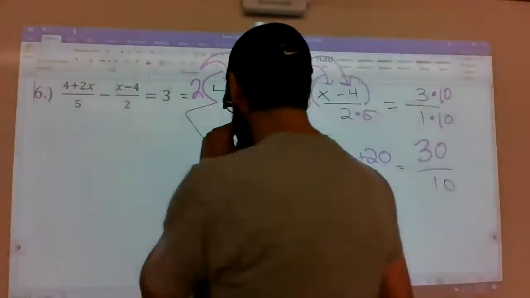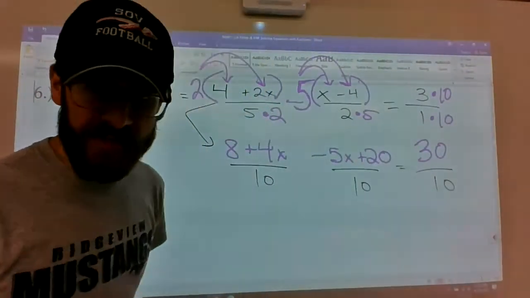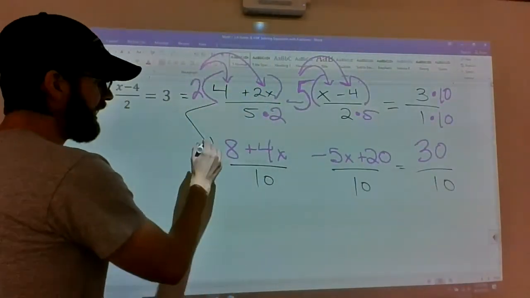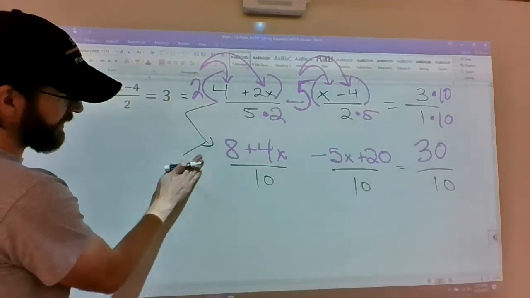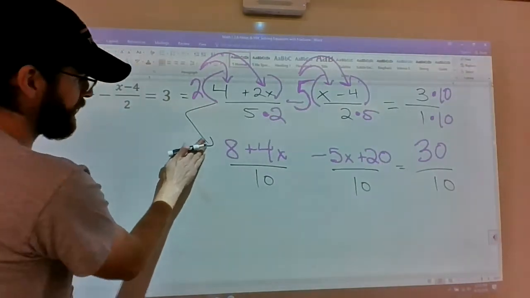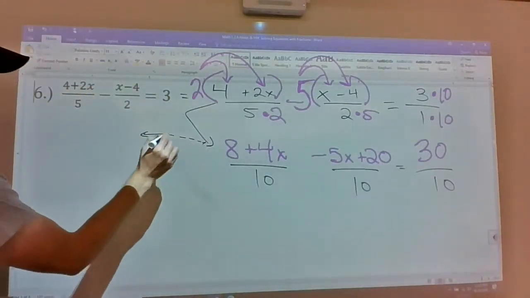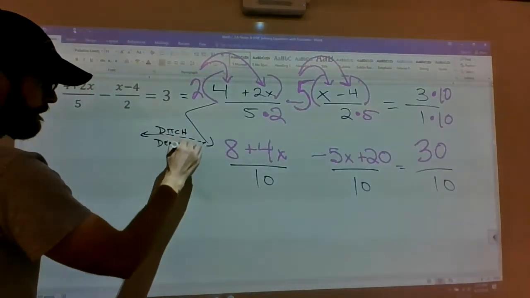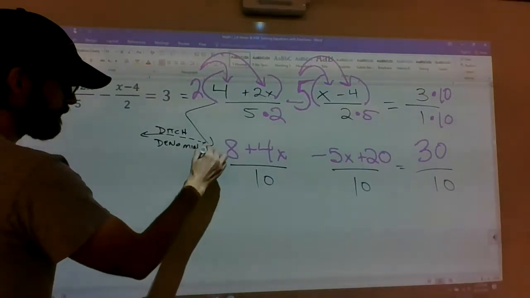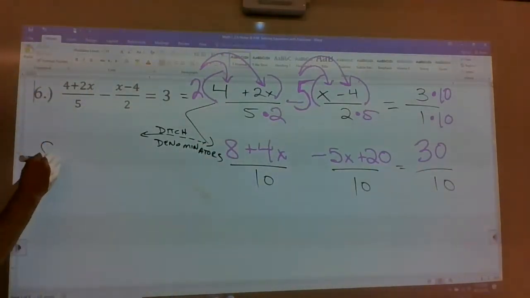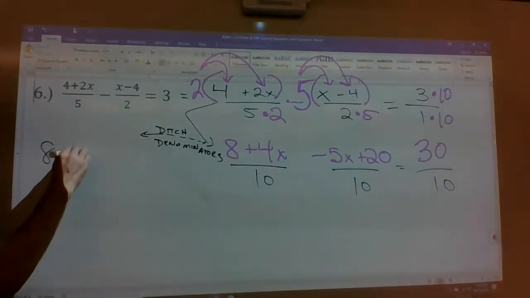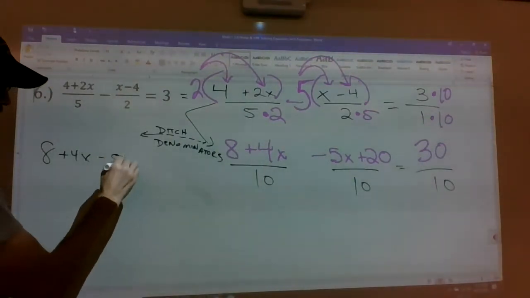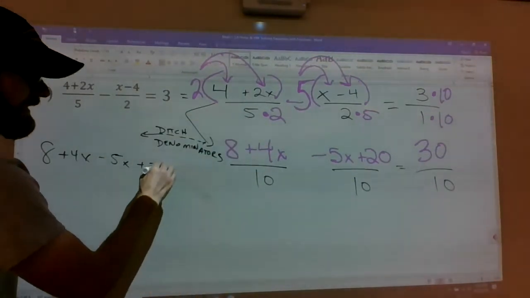And that allows us to ditch the 10s on the bottom and just work with, you know what, I'm going to put it over here so I have more room to work vertically. So you ditch the denominators. And you get 8 plus 4x minus 5x plus 20 equals 30.